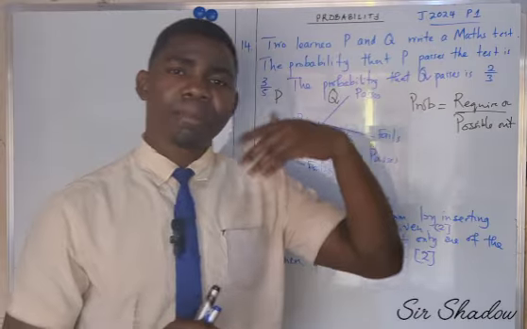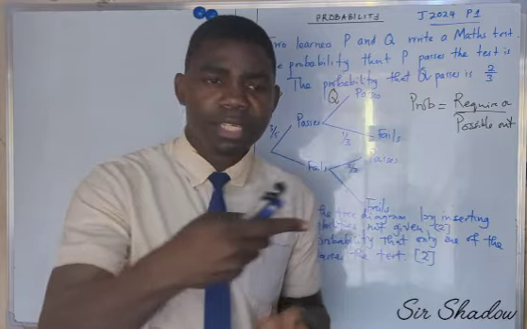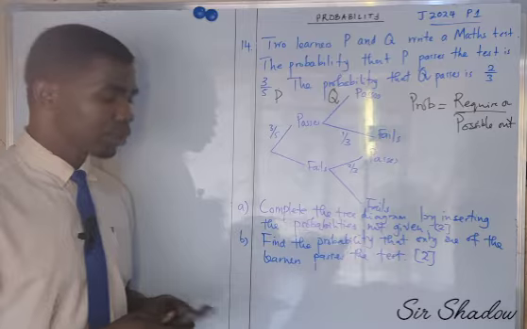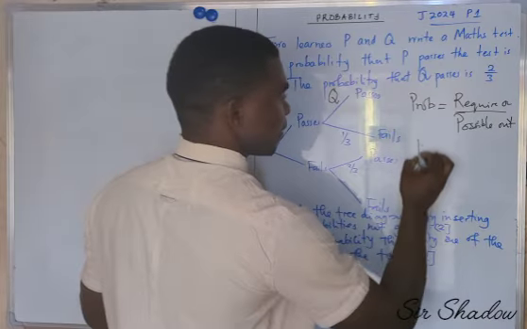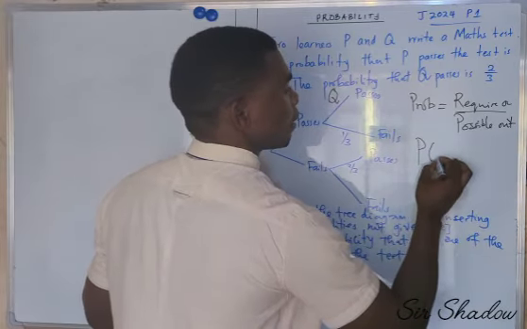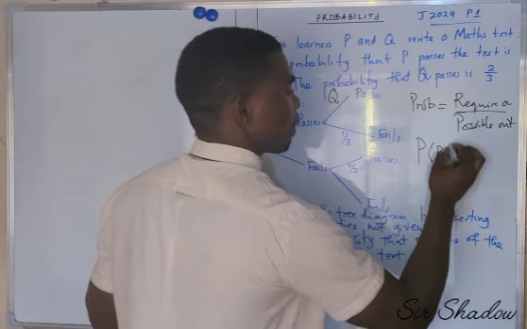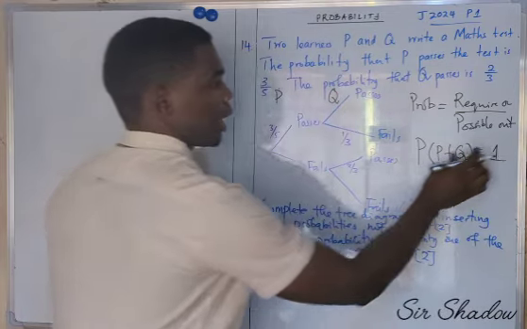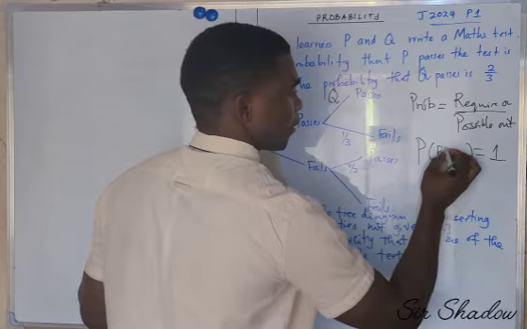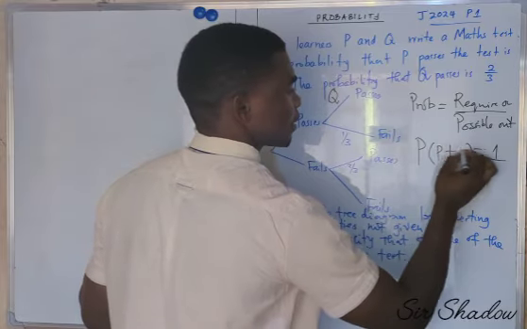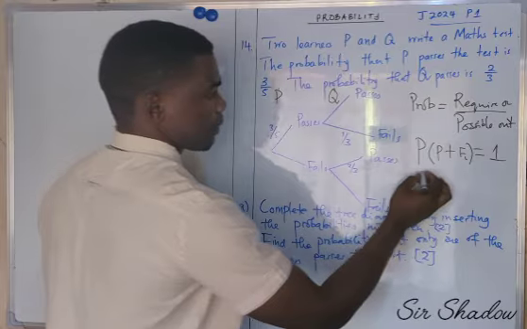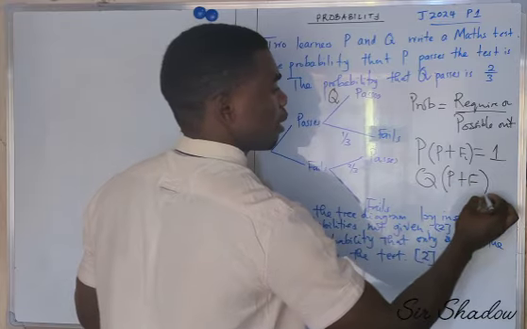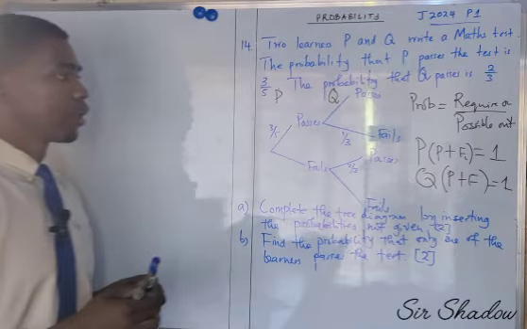Same applies to Q. The probability of Q passing and the probability of Q failing, if you sum them, we get 1 whole.